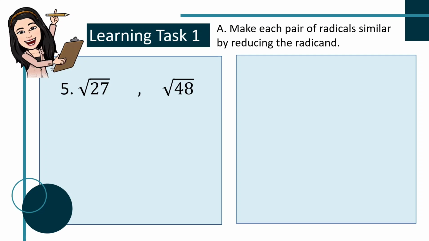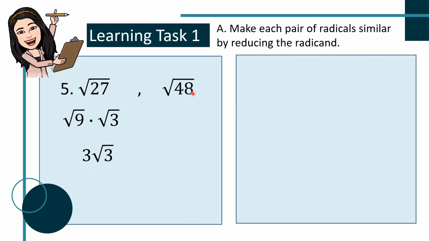Ano po yung dalawang factors na yun? Okay, so those are 9 times 3. Ang perfect square dyan is 9. So we can extract the root of the square root of 9 and that is 3. So, and then we just need to copy square root of 3. So our answer is 3 square root of 3.